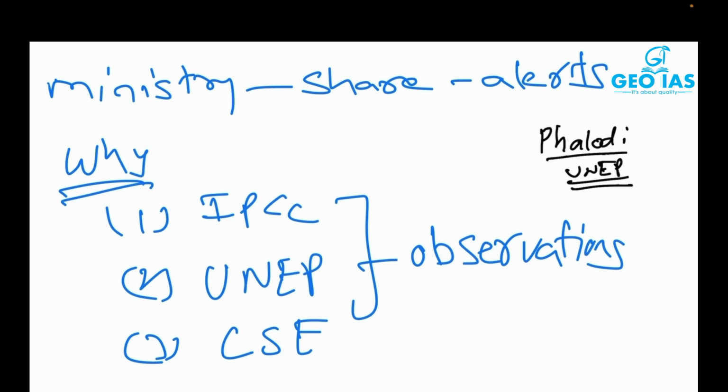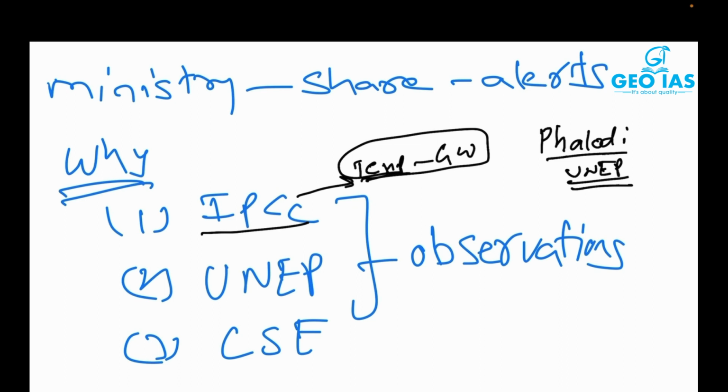Now, why are such things happening? The Intergovernmental Panel on Climate Change, IPCC, observed that rising temperatures are due to continuous global emissions. These global emissions lead to global warming, and this global warming affects the environment and makes people suffer with the rising temperatures.